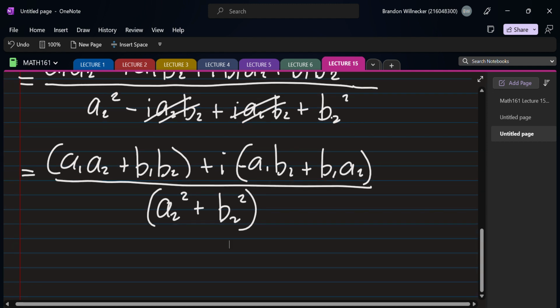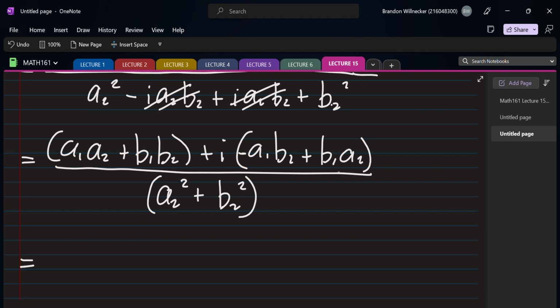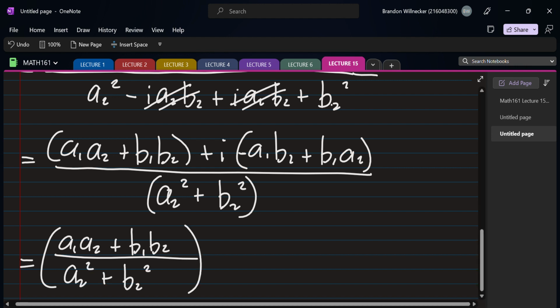Okay, so even though it's made up of two parts, together we call that a single term, which is the real part. Okay, so here we get a1 a2 plus b1 b2 over a2 squared plus b2 squared.